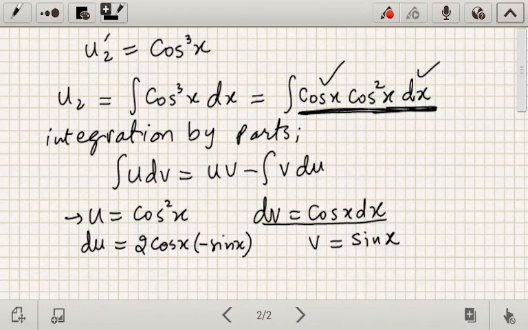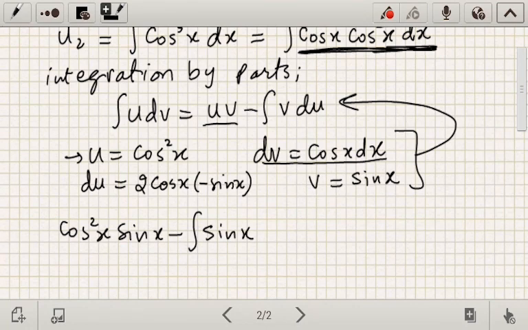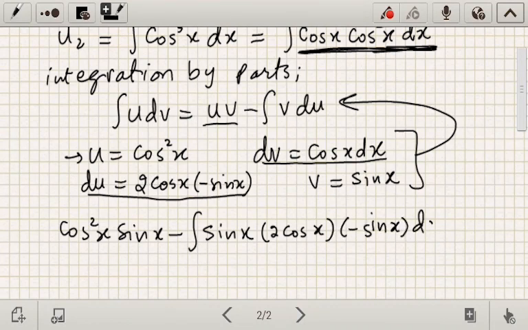Now you take all of these things and you plug them into the formula of integration by parts, and you get: you write down uv, cos square x into v, which is sine x, minus integral of v, which is sine x, into du, which is 2 cos x into minus sine x dx.